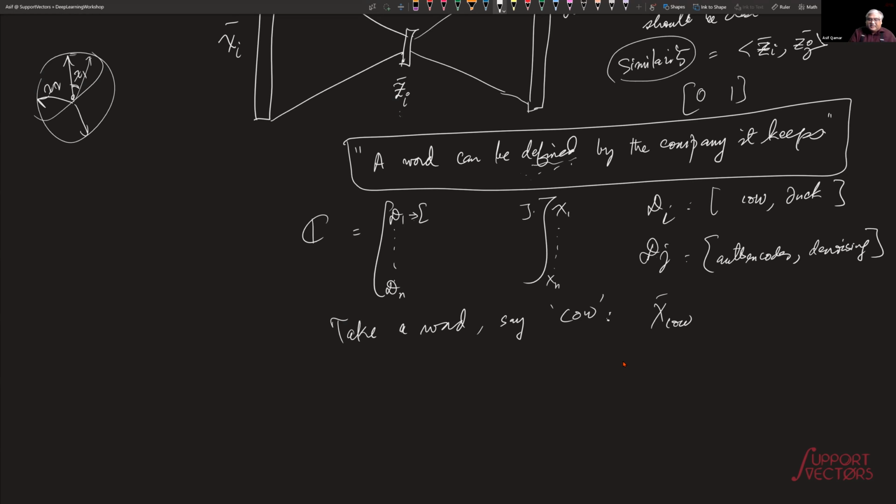You go and look at the document and you take a certain window, or you may not take a window, depending on the case. You just say, what does it co-occur with? What company is it keeping? And now we'll define the company that it keeps.